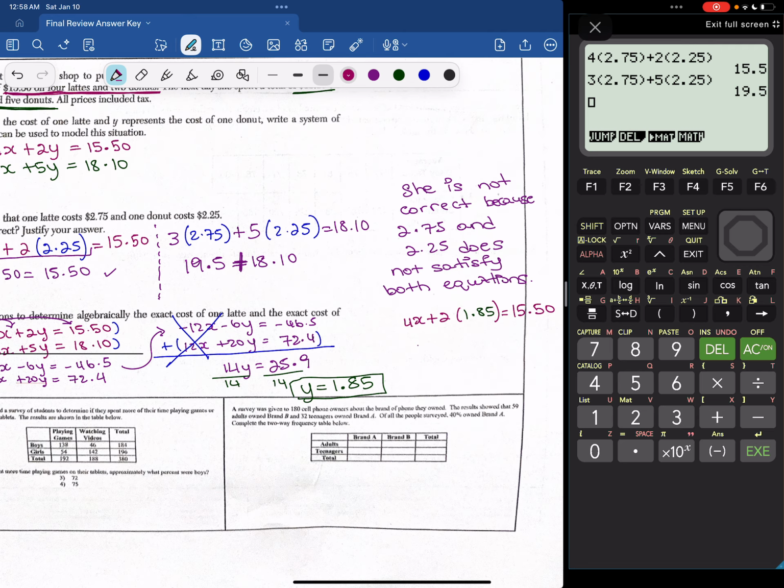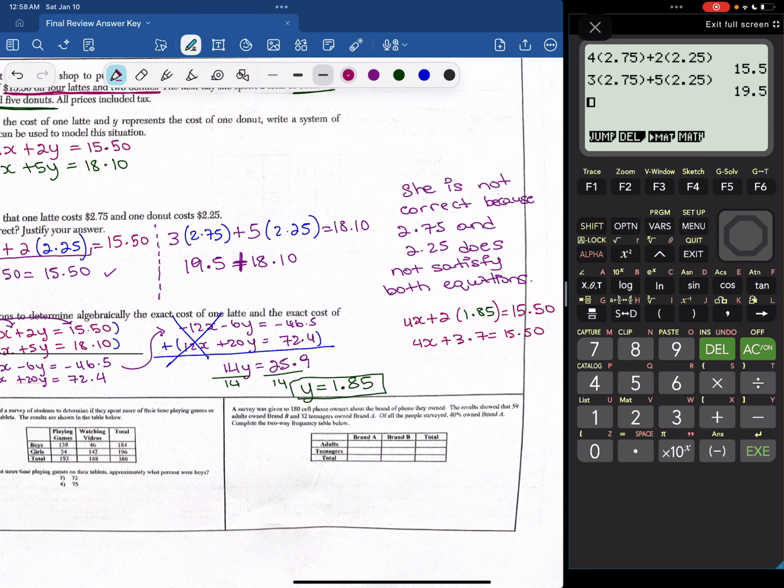All right, next we just simplify. So 4x plus 2 times 1.85 is 3.7. So plus 3.7 is equal to 15.50. Next step, we need to get the 4x by itself. So we're going to move the 3.7 over to the other side.